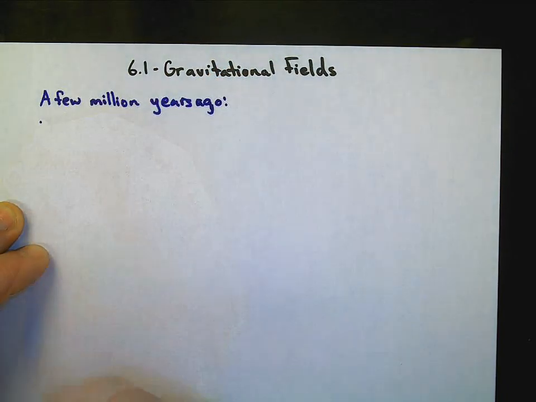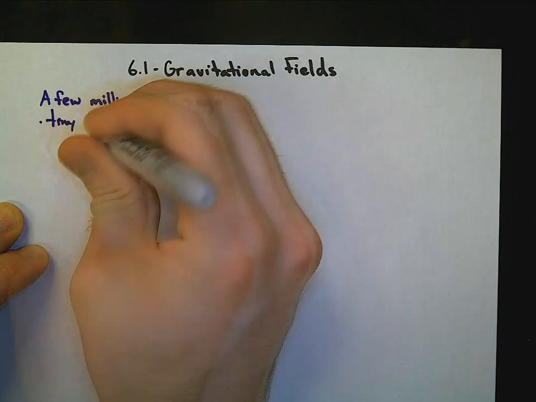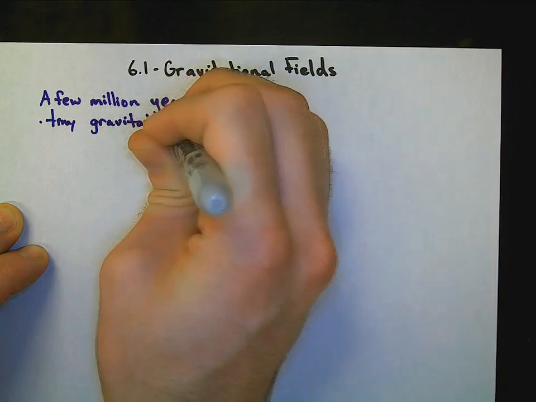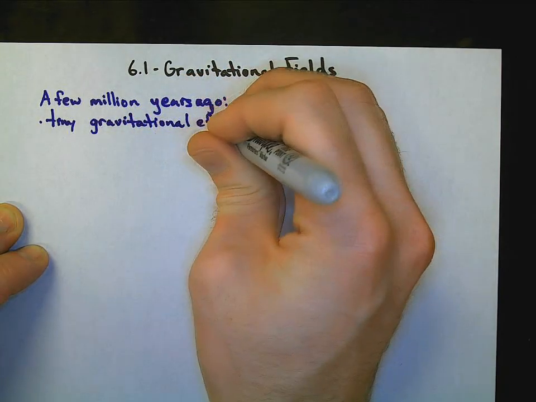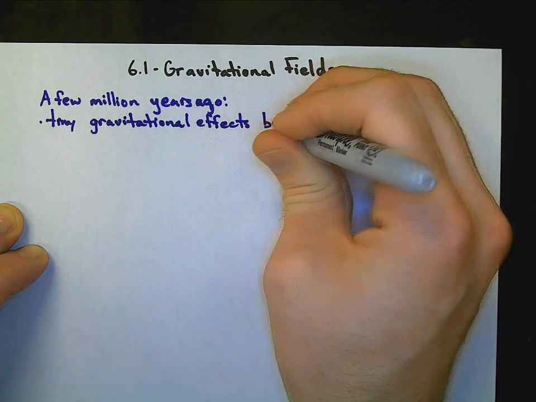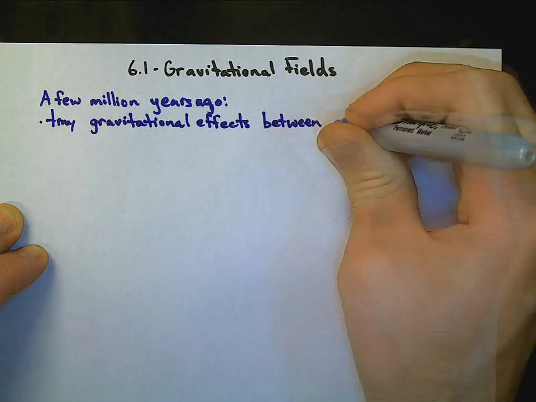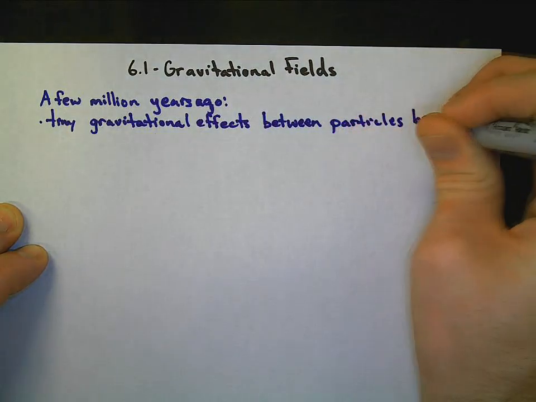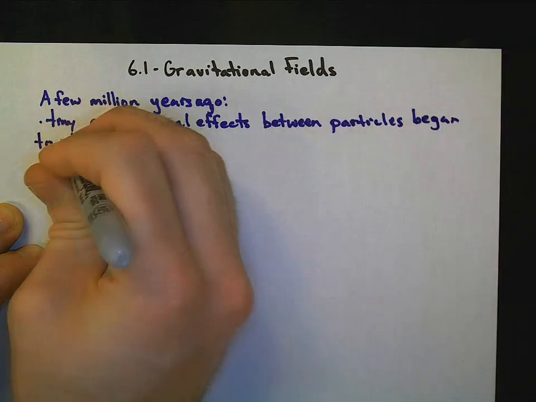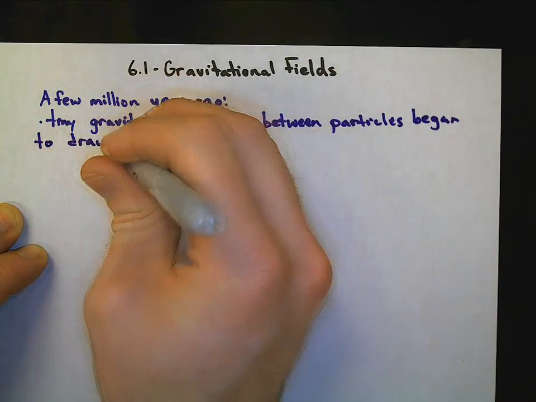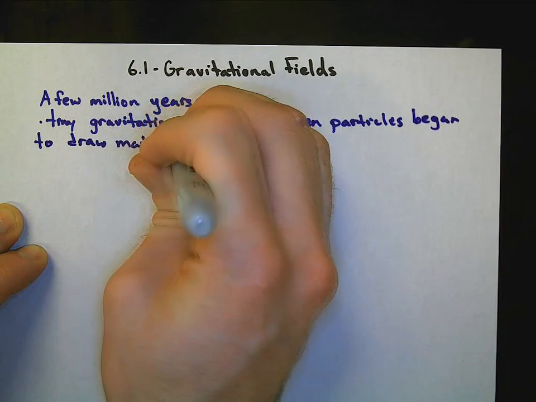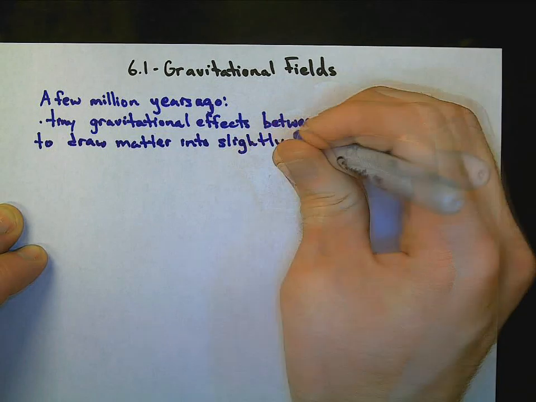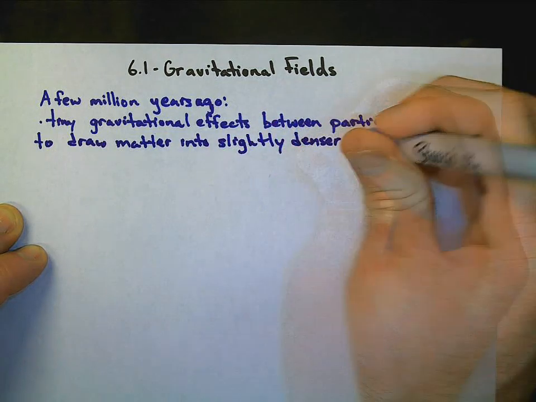A few million years ago, tiny gravitational effects between particles began to draw matter into slightly denser configurations.